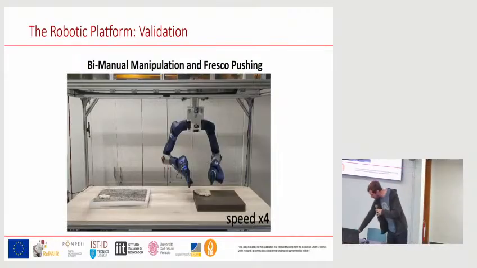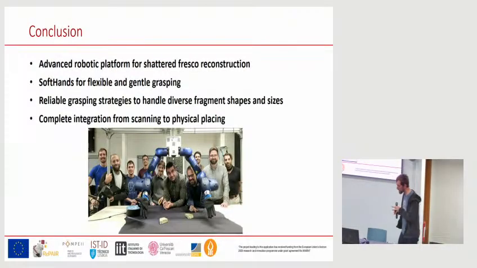So, and with that I close my presentation. I showed you our advanced robotic platform for shattered fresco reconstruction. Our soft hands are flexible and gentle for the grasping task. We showed reliable grasping strategies to handle the diverse fragments, and finally also the complete integration from the scanning until the physical placing.